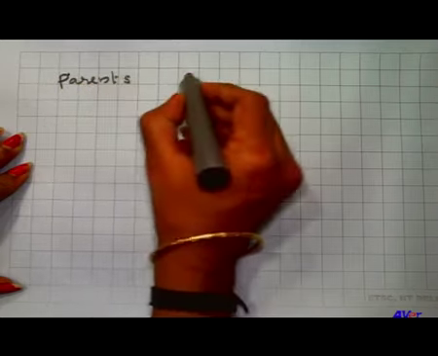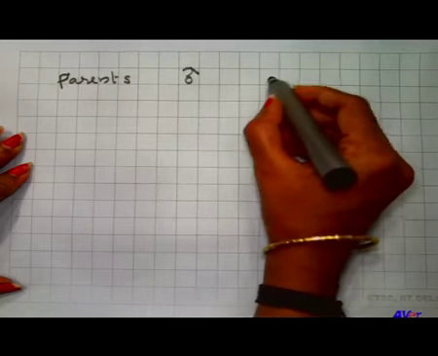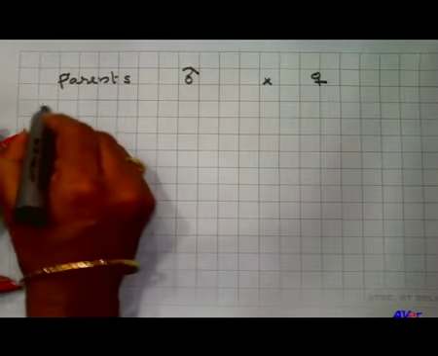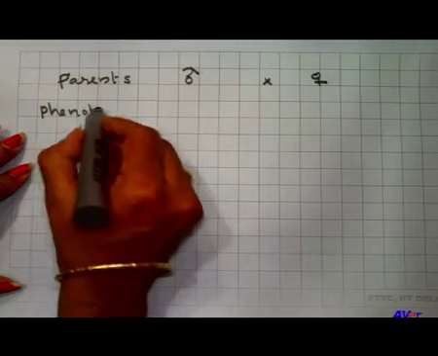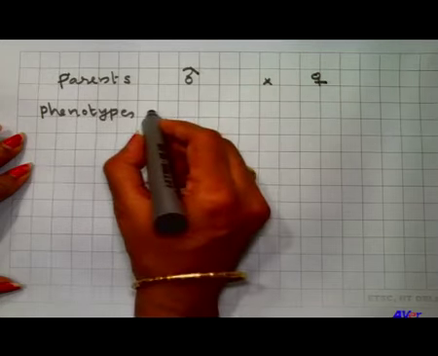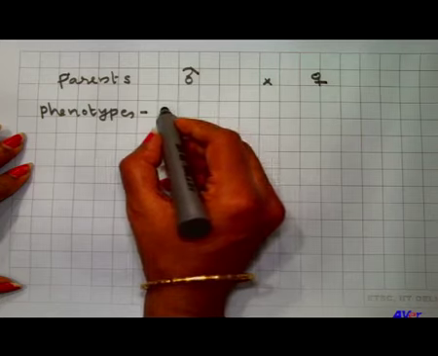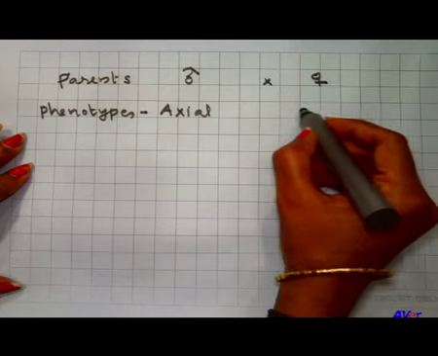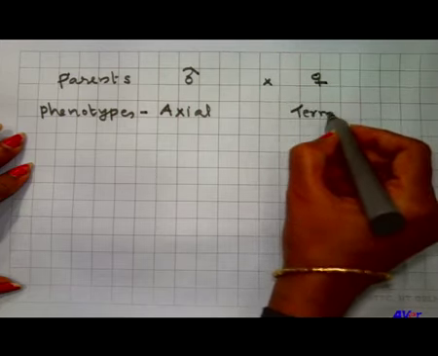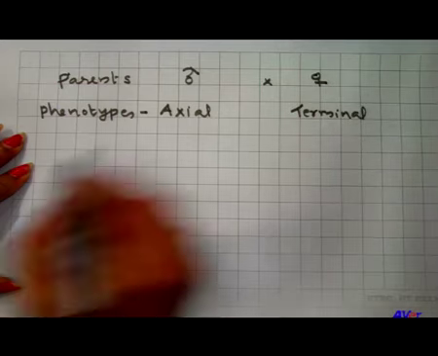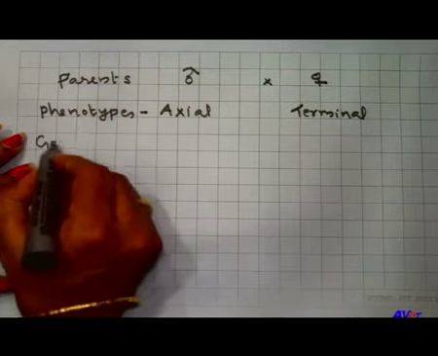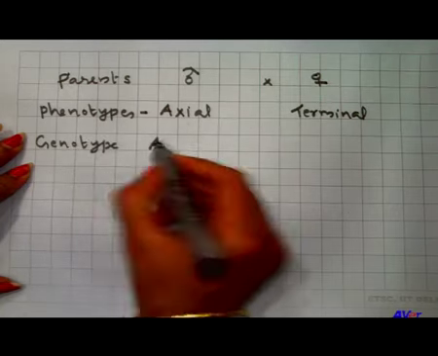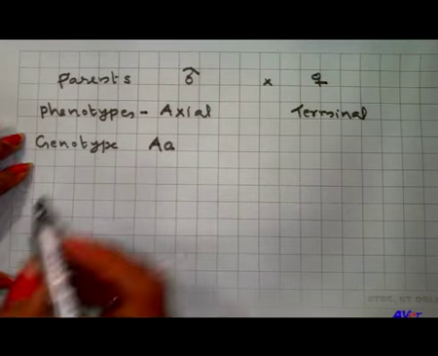Parents, again male into female. Phenotypes, we can consider axial as male and terminal as female. Now comes genotype, capital A and small a.